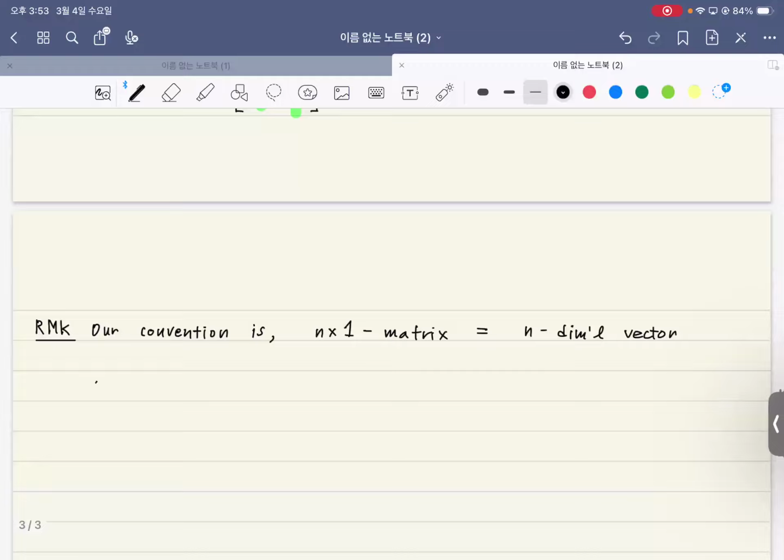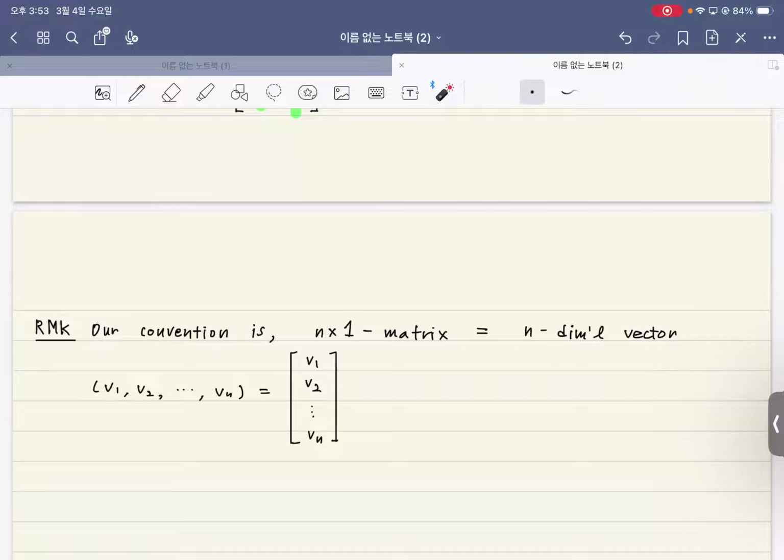So this is how we usually describe a vector, but this one is now identified to V1, V2, Vn.